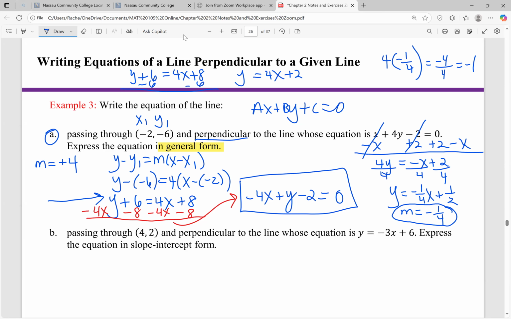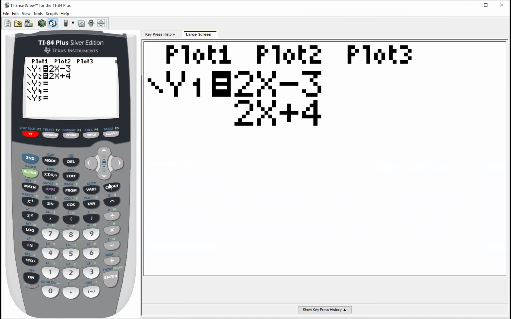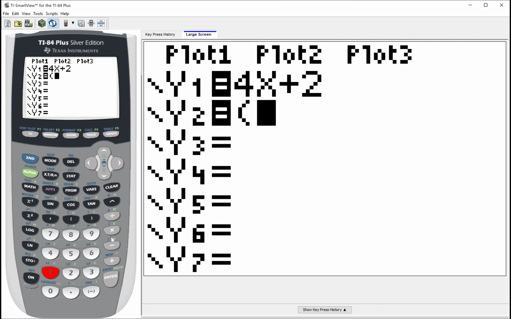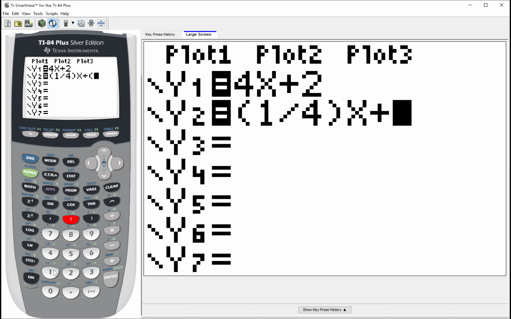So let's go to the calculator. So let's plot 4x plus 2 and negative 1/4 x plus 1/2.